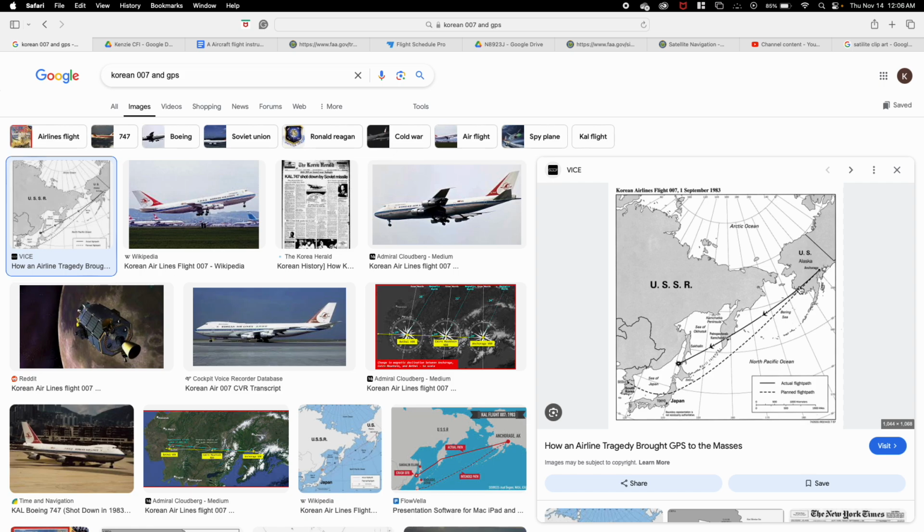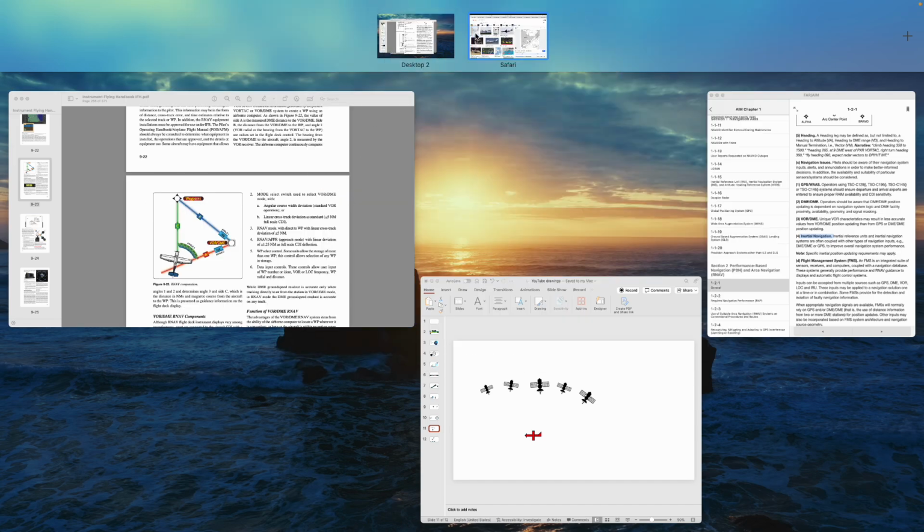But instead, it was using INS, so it drifted and it flew directly over a Soviet secret military base. So the Soviets shot it down. Everyone died. So then the United States government was like, hey, we've got something called GPS. I think it's kind of useful for you. And so that's how GPS came to be.